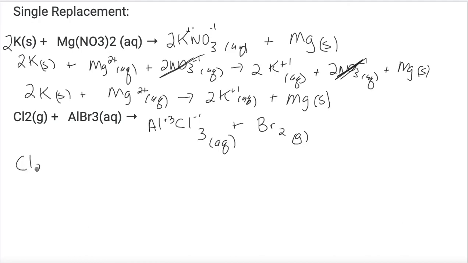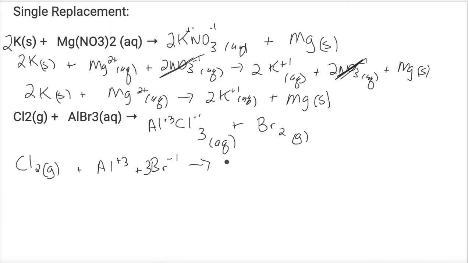So Cl2 gas stays together. However, AlBr3 is an ionic compound, so it's going to break into ions, or it's already broken into ions. But notice how I put the 3 in front of the bromine there, because it's 3 bromide ions.